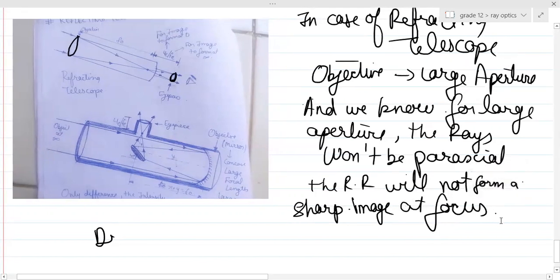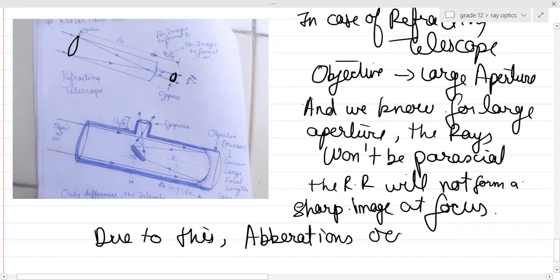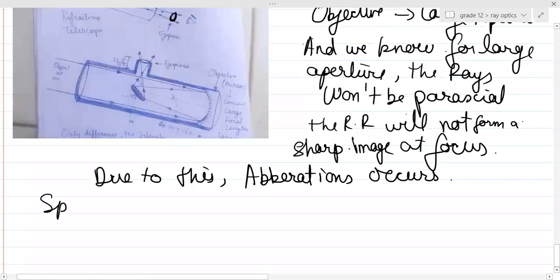Due to this, aberrations occur. What is this spherical aberration, or basically the aberrations? I'll just give you the definition, please. I have not yet started on the reflecting telescope.